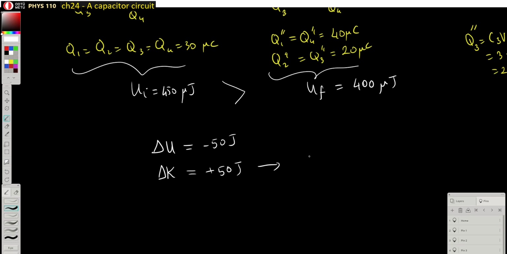This is basically converted into heat. First it's converted into the kinetic energy of the charge carriers, then eventually it is converted into heat. We were expecting this quantity to be positive, and yes, it appears that we probably haven't made any mistakes so far. Okay.